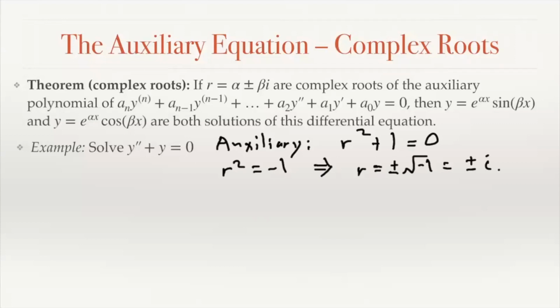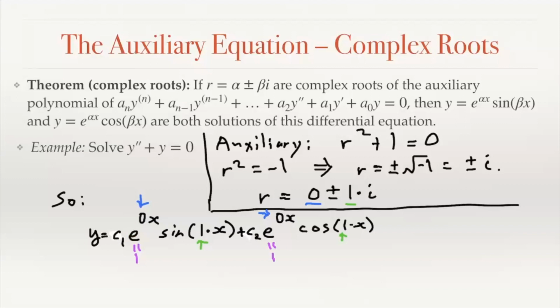Okay, but how does this theorem apply? What's alpha? What's the real part? Well, it's 0. So we can write this as 0 plus or minus 1 times i, and that gives us our real and imaginary parts. So that is c1 e to the 0x, because of that real part 0, times sine of 1 times x, that 1 is that one there, plus c2 e to the 0x times cosine of 1x.